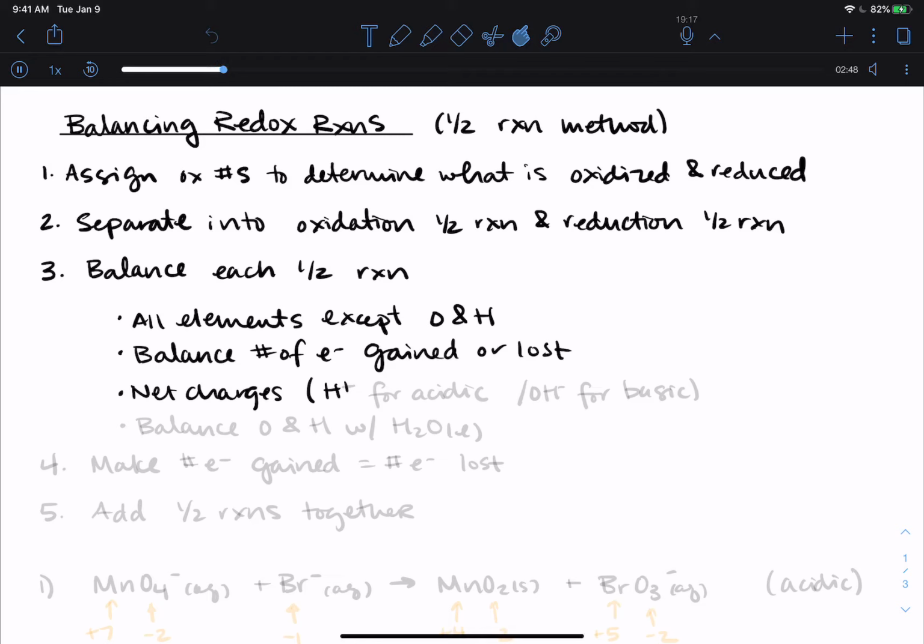So the net charges will use H plus when it's an acidic solution, and we'll use OH minus when it is a basic solution. After all of this, you can finally balance the oxygen and hydrogen, and we'll do that by adding water.